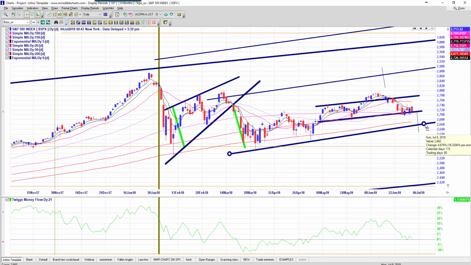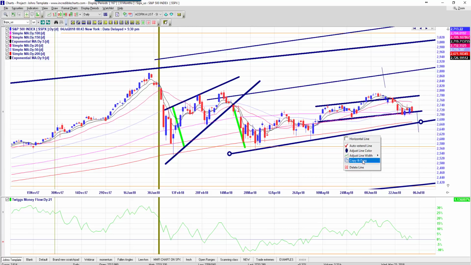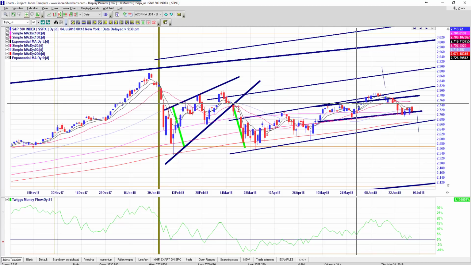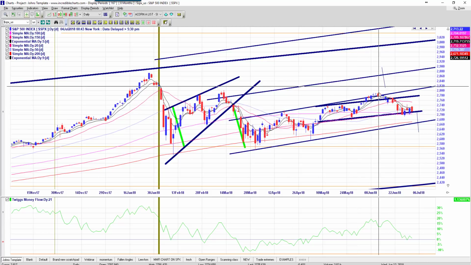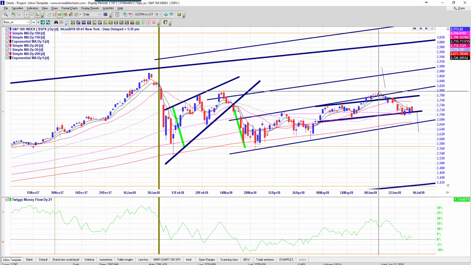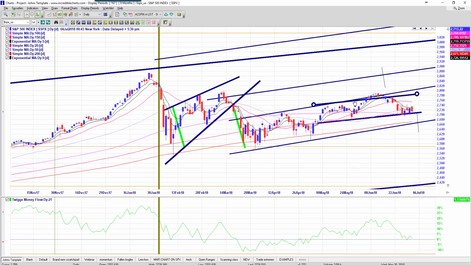One, that the daily chart on the S&P 500 has an inverted fallen angel pattern, which is where you get an upward channel, which is bearish, that breaks out to the upside. You can see that happened. So it broke out of that upward channel. It peaked, it rolled over.